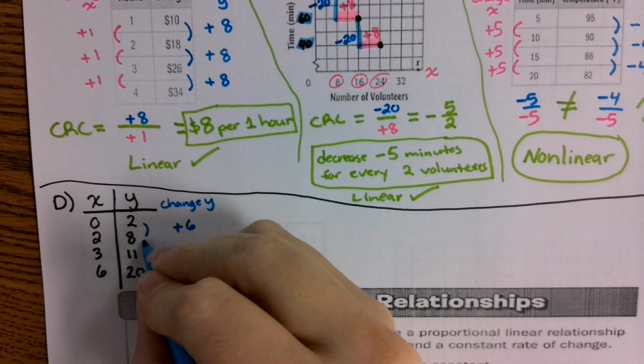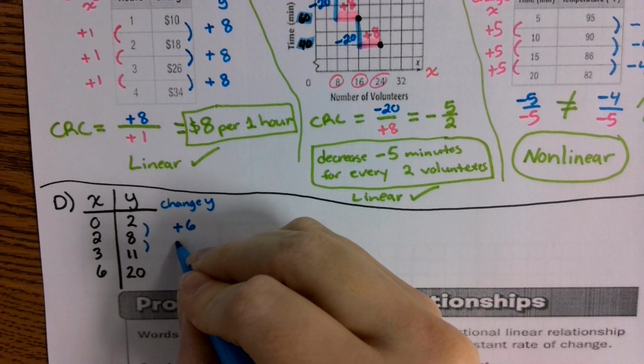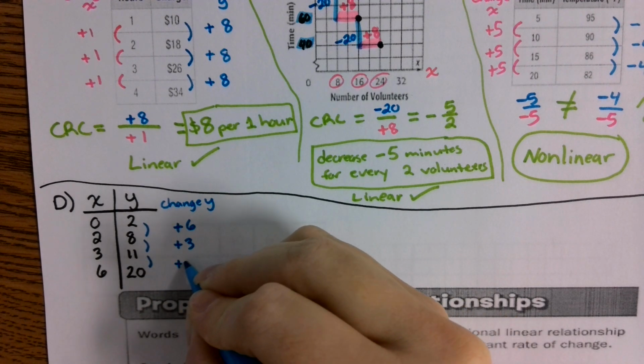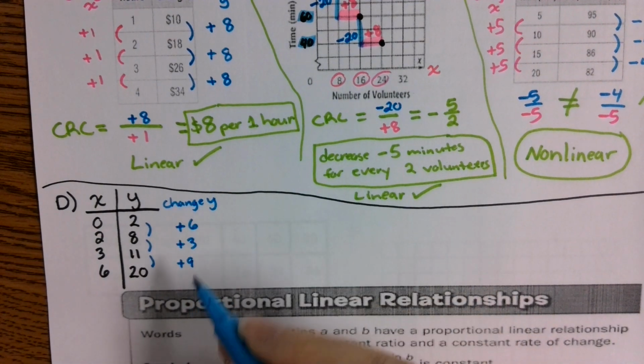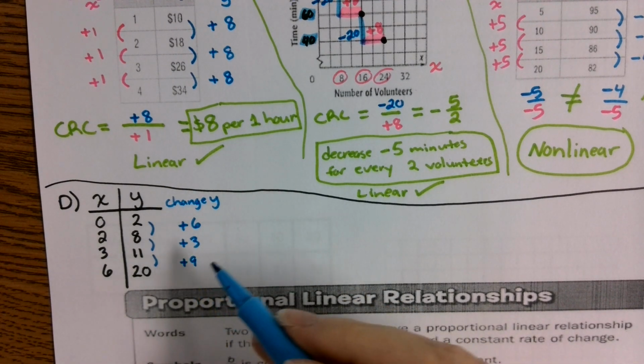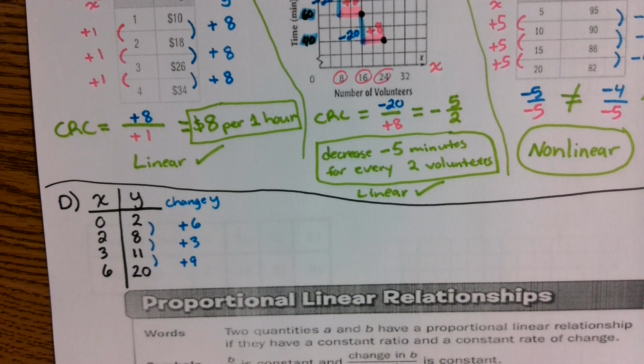Then I'm going from 8 to 11. That changes what? Plus 3. Then 11 to 20, that changes plus 9. So they aren't the same. Okay, they are very different, going 6, 3, 9. But I have to still check the change of x to see if I can create proportional change.